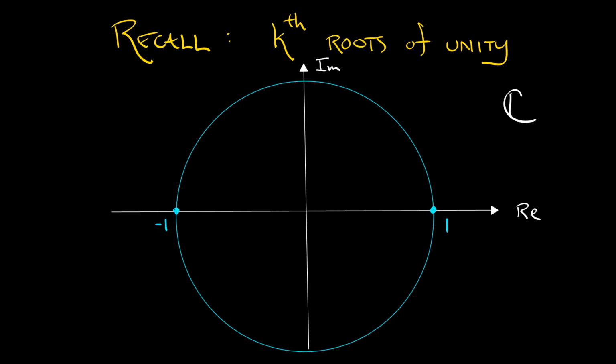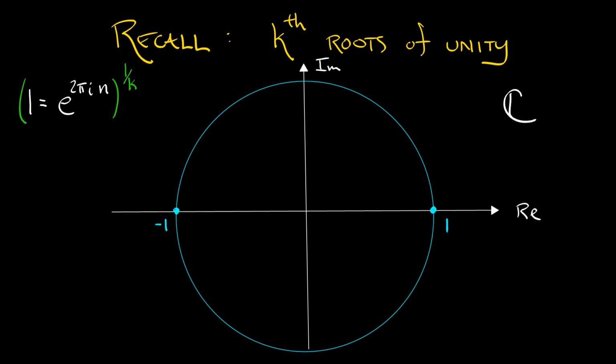Well, let's think. By Euler's formula, 1 is really the same thing as e to the 2 pi i, or e to the 2 pi i times n for any integer n. Now, if we want to compute the kth roots of 1, we can compute the kth roots of e to the 2 pi i n, and consider how many of those there are.